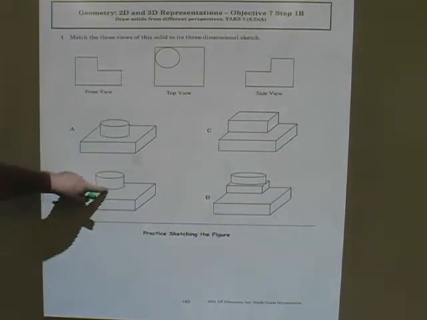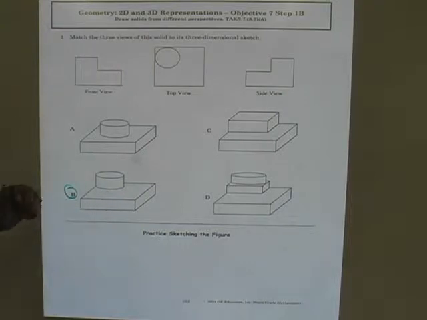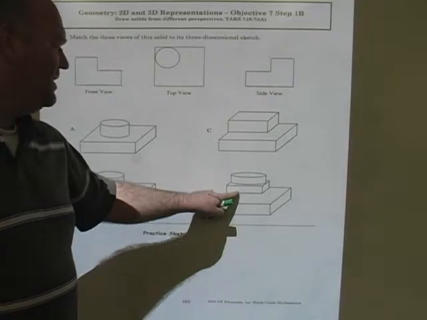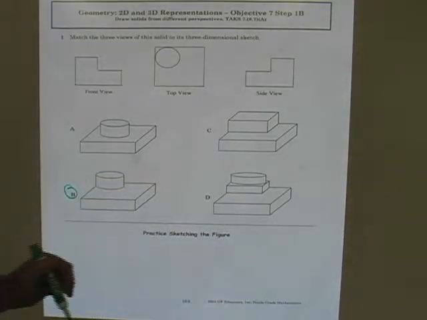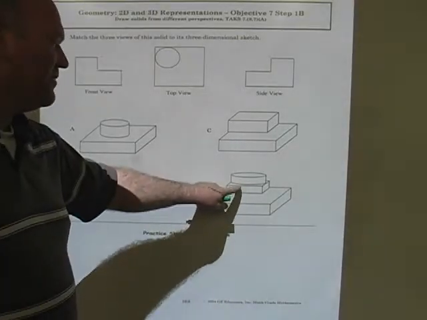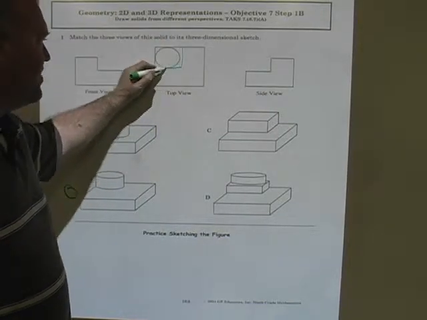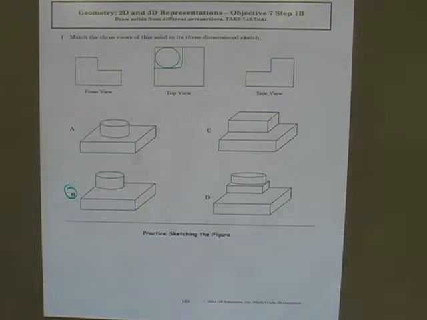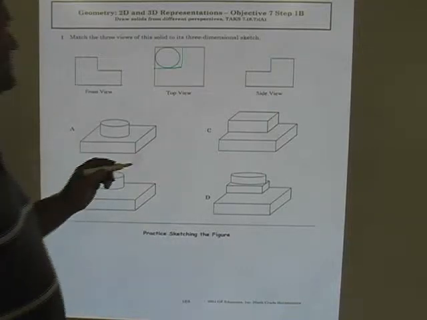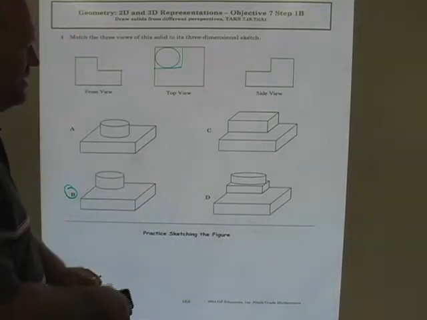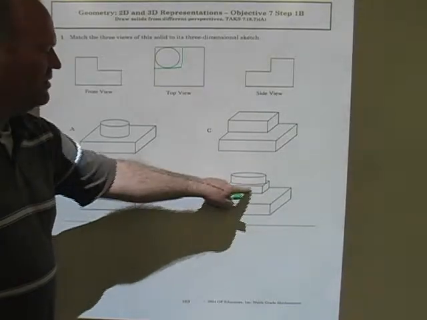This part's missing. B is almost correct, but on D, when you're looking at it from the top, you would see a square in there, but the circle's inside. So that's why that one wouldn't work, because you got that square.